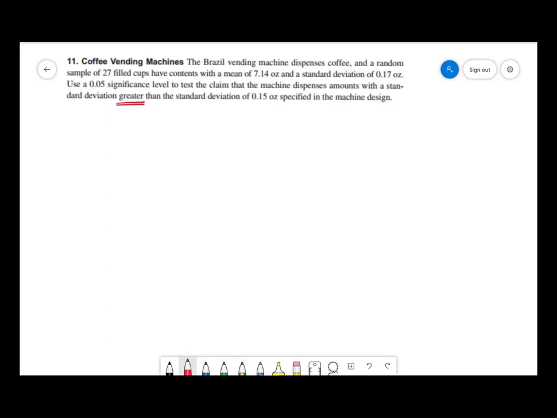So remember, step one is always to do our hypotheses. And our null hypothesis is always a statement of equality. So we're going to say that the standard deviation equals 0.15 ounces. Or we could say the variance equals, and we have to square 0.15, 0.0225.